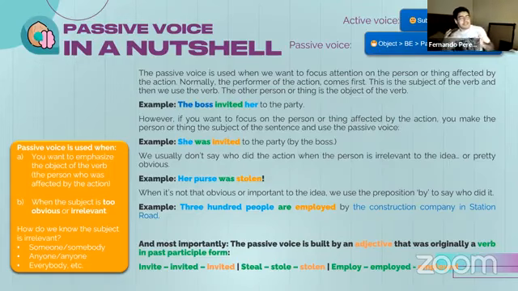Yesterday we also talked about a transformation, no? We talked about transformation. The verb suffers a change in this structure. What happens to the verb, to the principal verb?